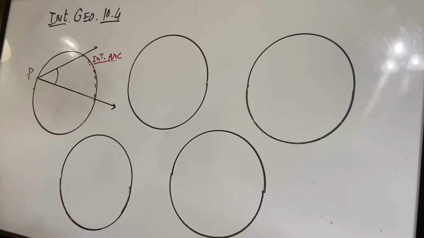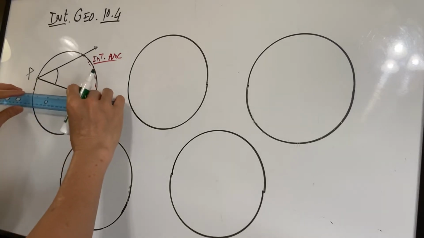Now, we are going to measure an inscribed angle on the circle. What do we know? Can I give you a big hint? The center of the circle is right here.